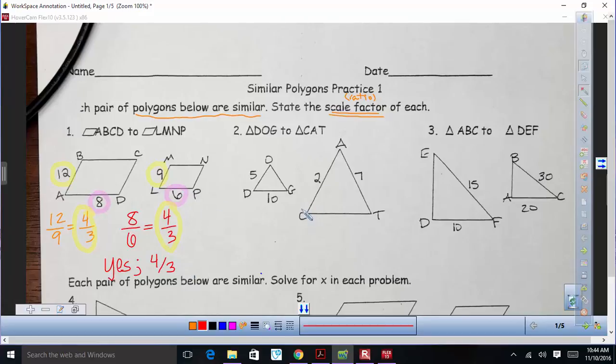Okay, let's try number 2 as well. So in number 2, we're comparing triangle DOG to triangle CAT. So what side does DO go with? CA. So I'm going to put 5 over 2. Does that reduce? No. Okay, and then I'm going to look at the other side, which is DG, and it is corresponding to?